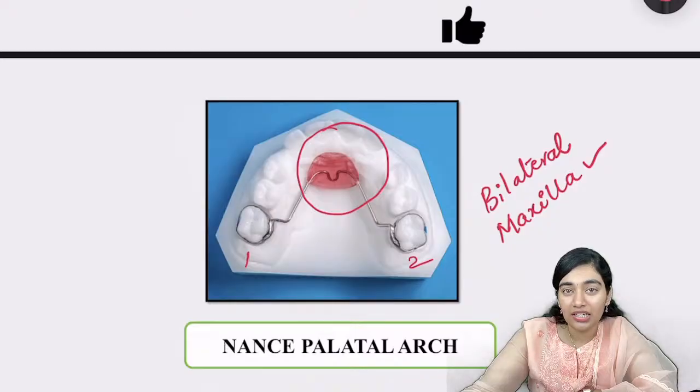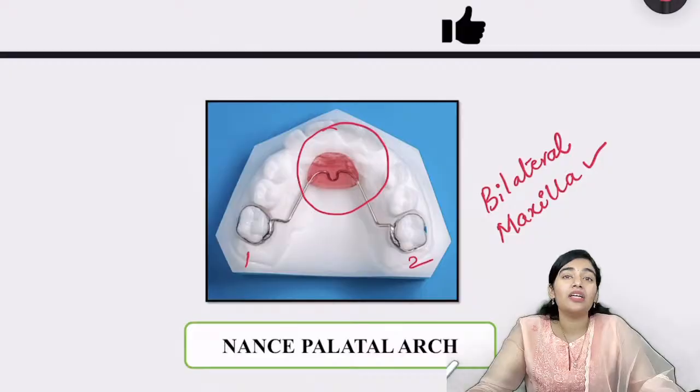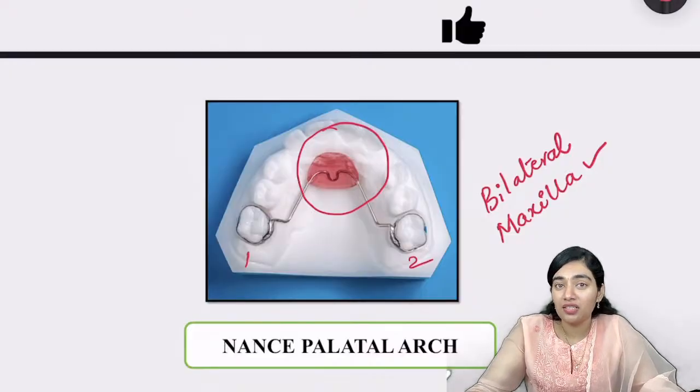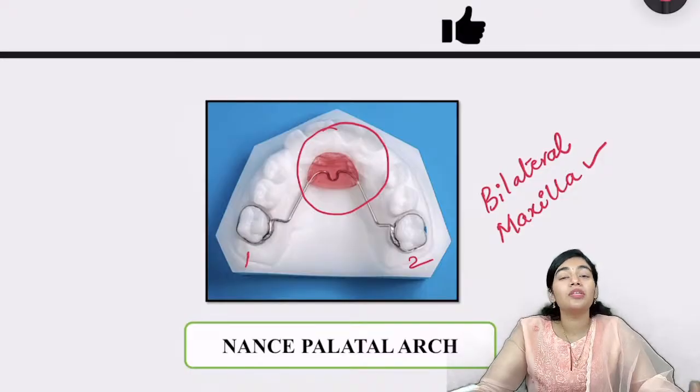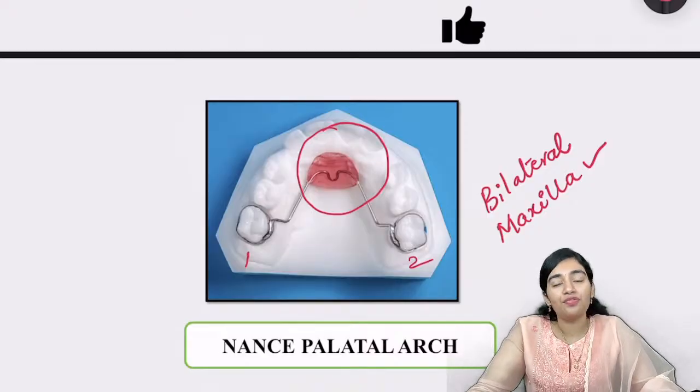I hope you all are clear with this concept. So here is the design of our Nance palatal arch. So the main indication of this space maintainer is whenever the first permanent molars are intact and erupted, and the first or second primary molars on one side or both the sides are prematurely lost, then we'll go for this Nance palatal arch.